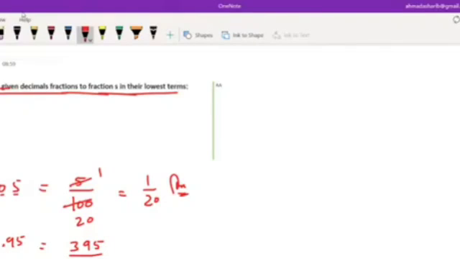Now convert it into the simplest term. 5 sevens are 35 and 4 carry, 5 nines are 45. 79 in the numerator and 5 twos are 10. 20 in the denominator, so 79 upon 20. This is the answer.